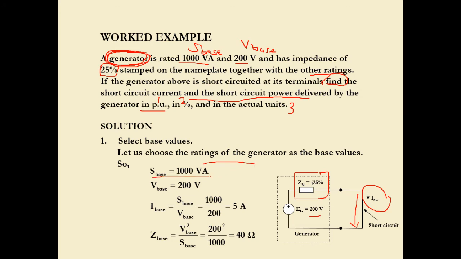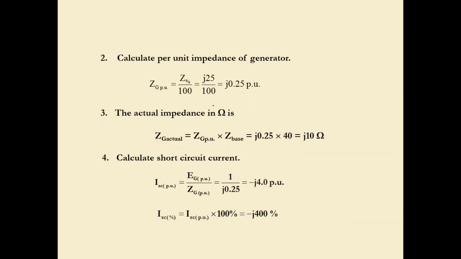Then choose the rating of the generator as the base value. So we have S base 1000 volt ampere, V base 200 volt, and now we move on to I base. S base equals V base times I base, so 5 ampere is the answer, and then Z base is V squared over S. Now we have 40 ohm for the answer. Now calculate the per unit impedance of the generator.